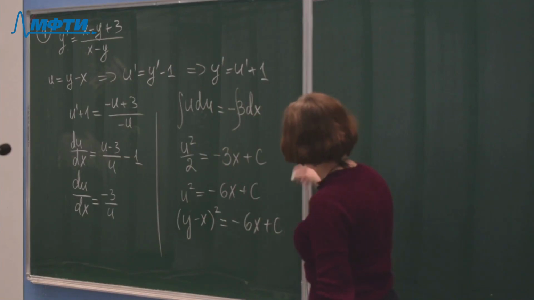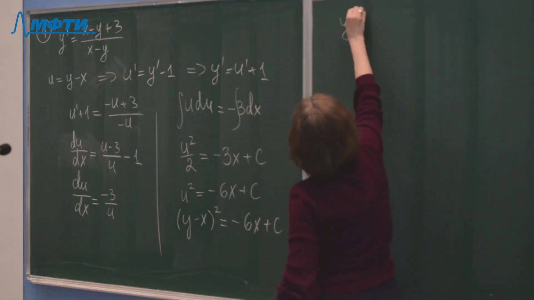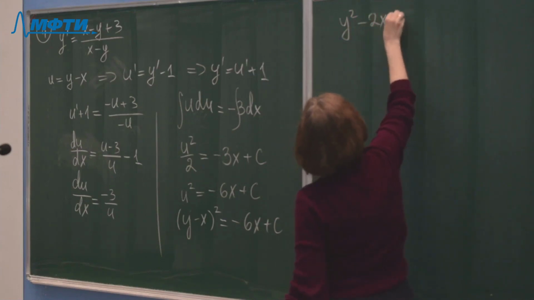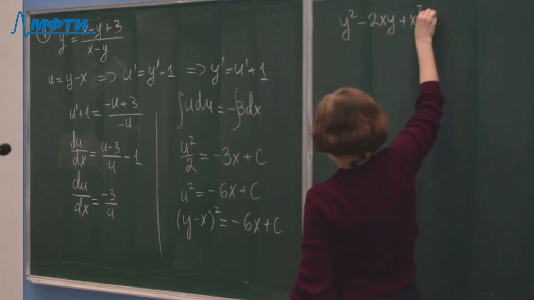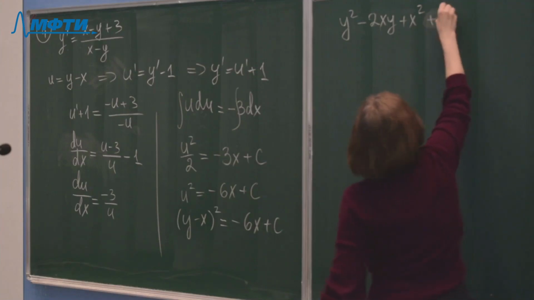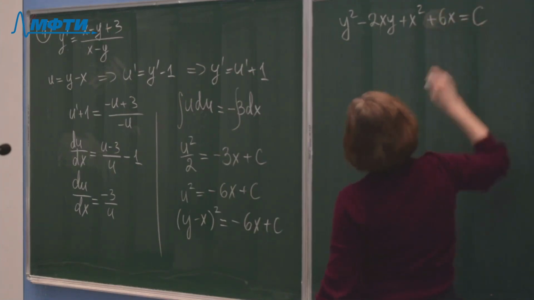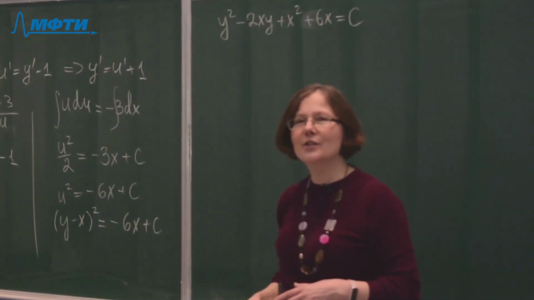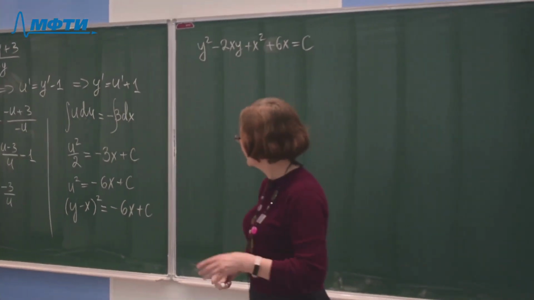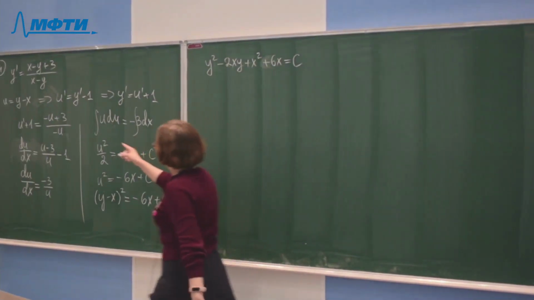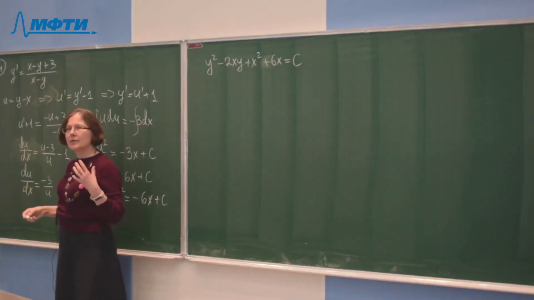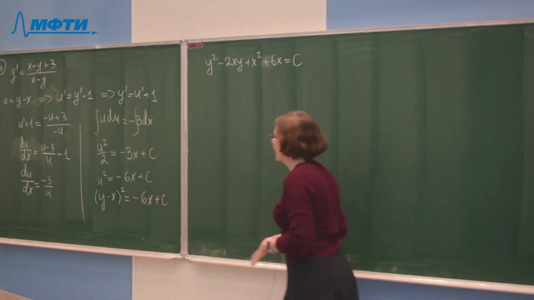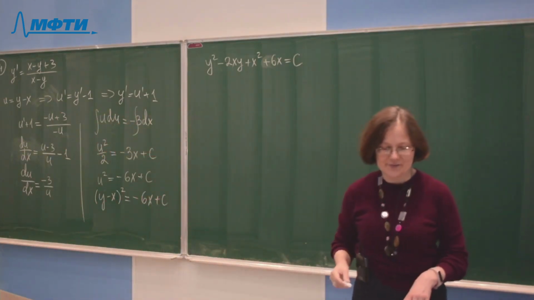Or we can rewrite this in the form y squared minus 2xy plus x squared plus 6x equals c. Are there any lost solutions? No, because we did not divide, and we can't divide by 0, so x equals y is not a lost solution, right? So this is the answer.